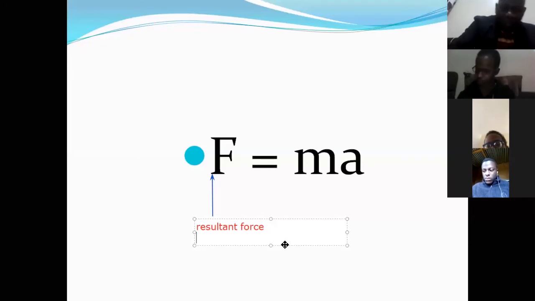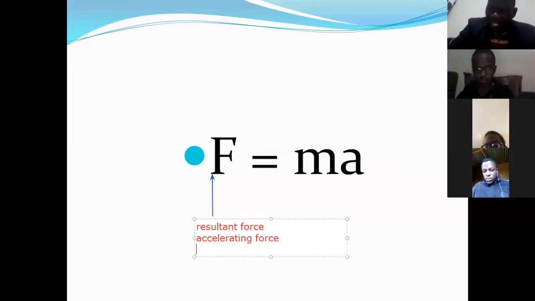Now, that force we can also call an accelerating force. So it can also be a decelerating force.